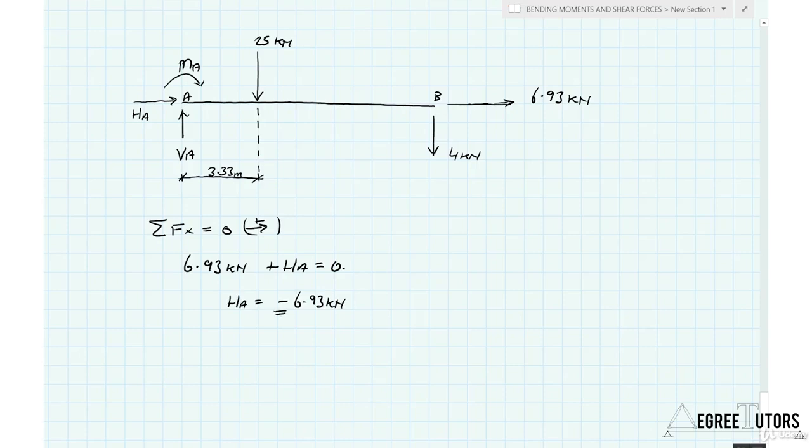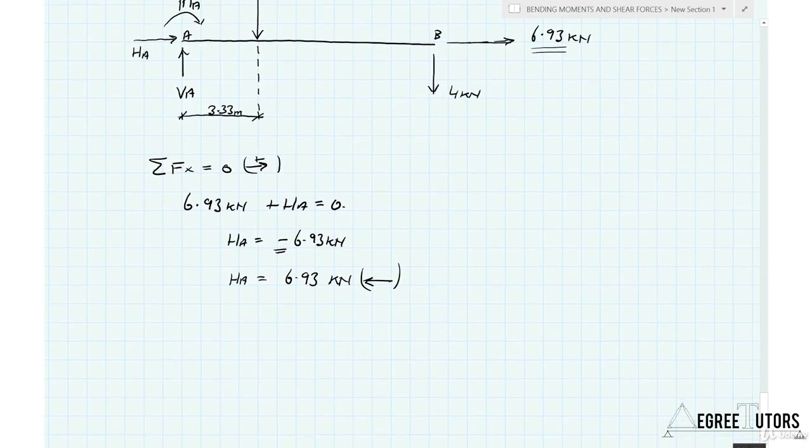And again, the minus sign here is telling me that HA does not act to the right, but acts to the left, which makes sense to us because it has to balance this 6.93. And so what we would say is HA equals 6.93 kilonewtons, and then the arrow will indicate the direction that we intend for it to act, which is opposite the initially assumed direction.